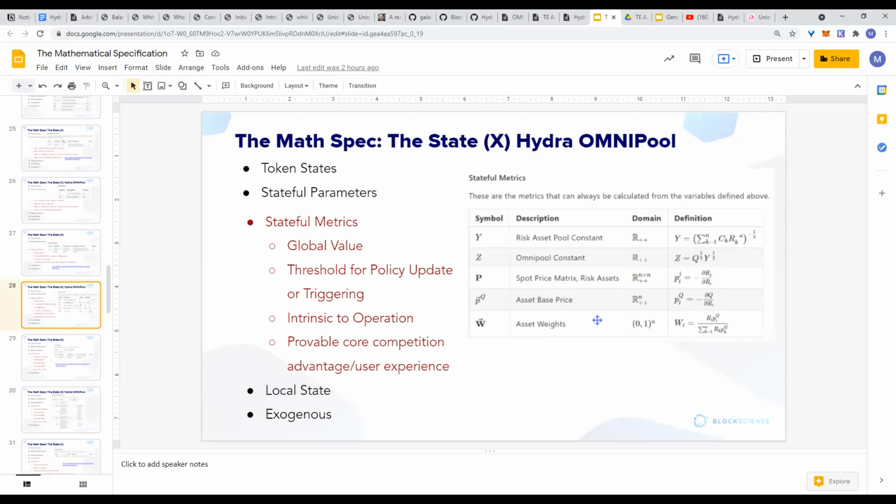And the price, same thing, but because it's across, it's n by n, because you have a price matrix, for all the assets that you have, essentially all the price pairs. So that's why that is n by n. Okay. Yeah, thank you.